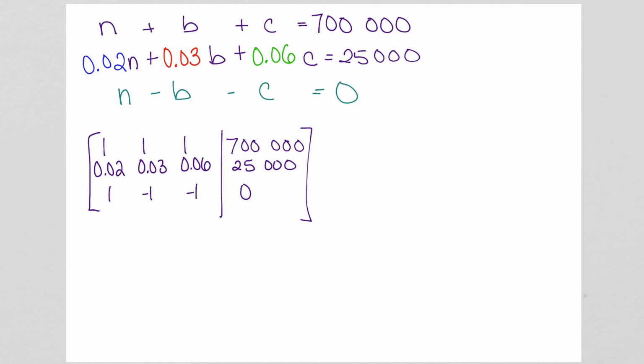So the first step is always to get a 1 here, and we've already got that. So next is to get a 0 there and a 0 there. So the first row stays at 1, 1, 1, 700,000.